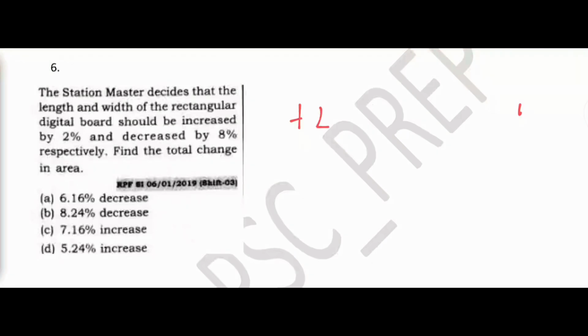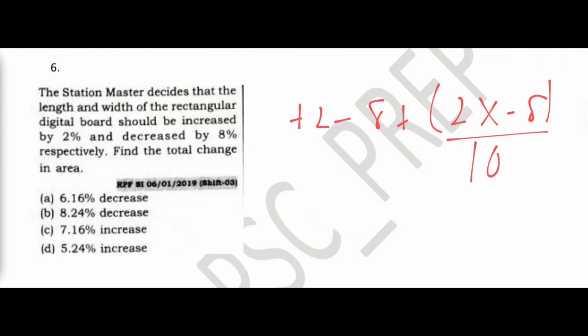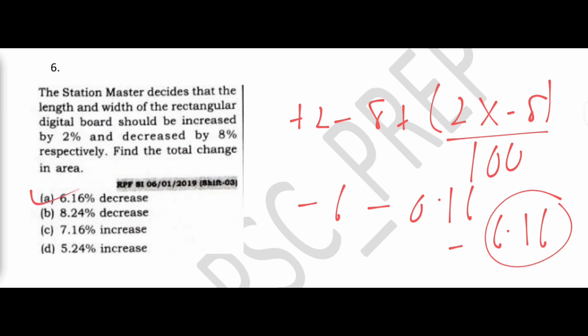Breadth is decreasing by 8%, minus 8, plus 2 into minus 8 upon 100. 2 minus 8 is nothing but minus 6, and again 2 into minus 8 is 16, divided by 100 is minus 0.16. So minus 6 minus 0.16 is minus 6.16. Okay, so find the total change. It is decrease. Minus indicates decrease.